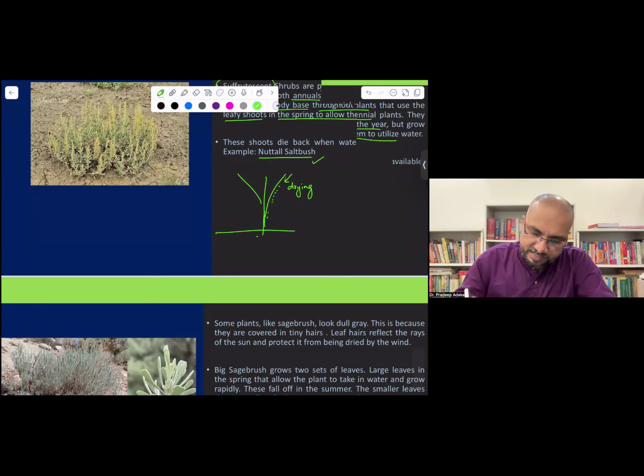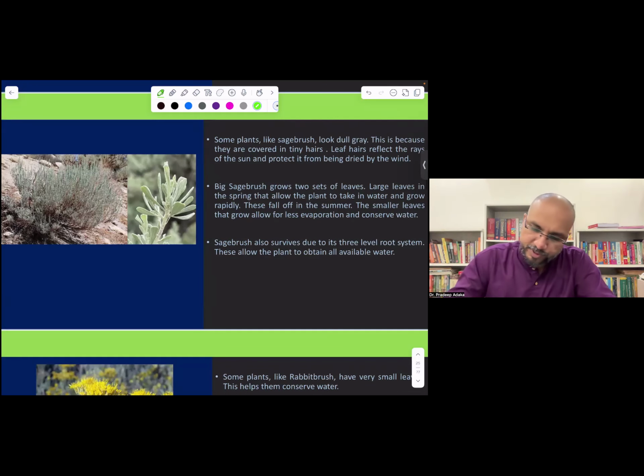So some plants like sagebrush. Sagebrush looks dull gray. It is because of the hair that is present. So they are covered with tiny hair. It should not be written as hairs; hair is both singular and plural. So it is covered by tiny hair. Leaf hair reflects the rays of the sun and protects it from being dried.